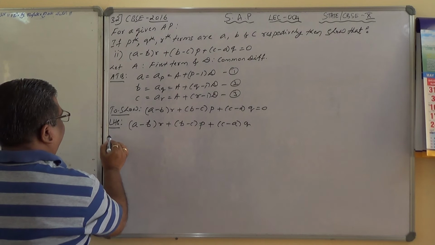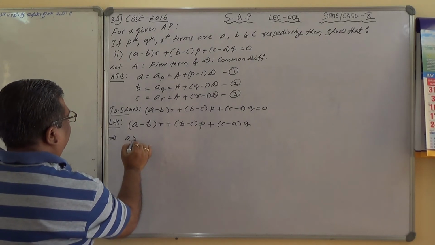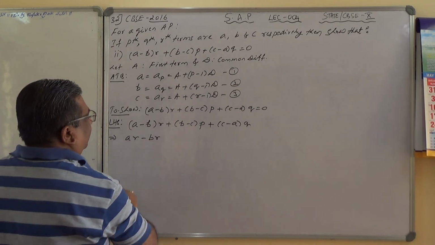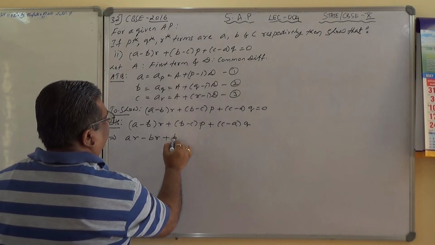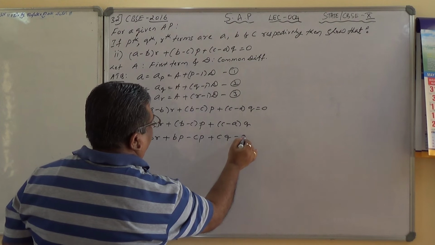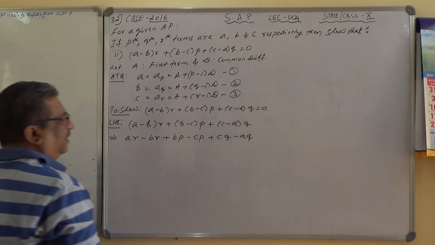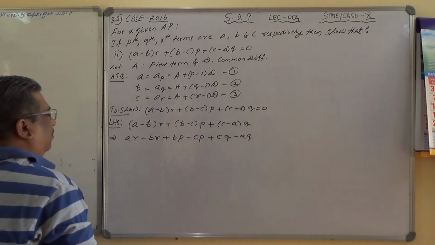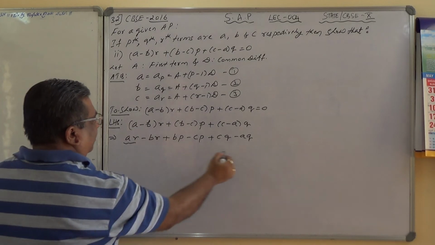Now open this bracket: AR minus BR plus BP minus CP plus CQ minus AQ, left hand side. Now can I take common here and here?